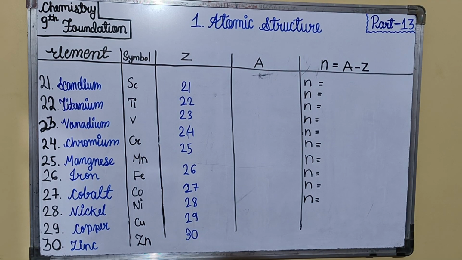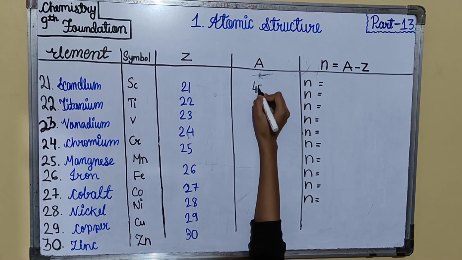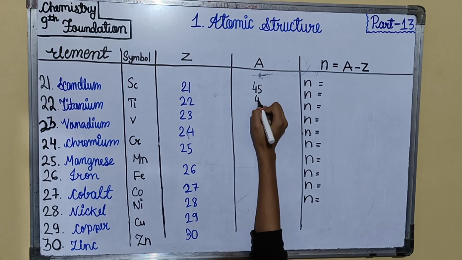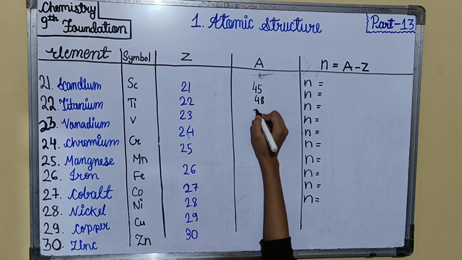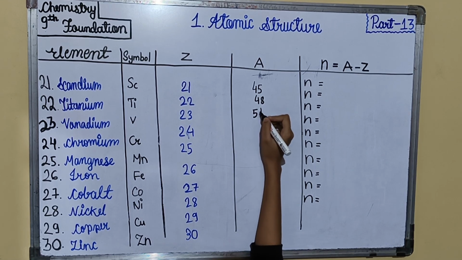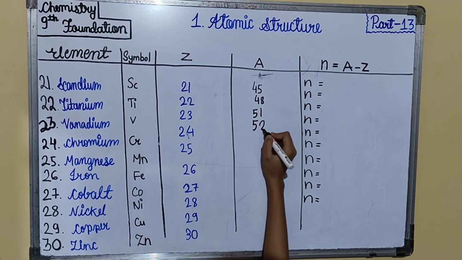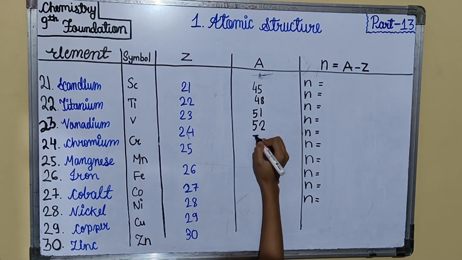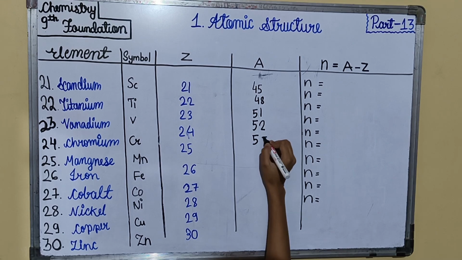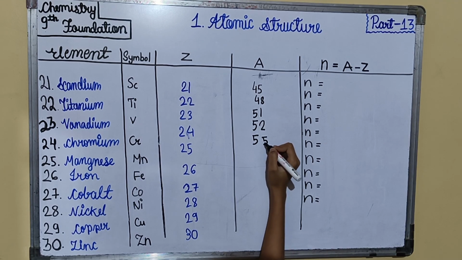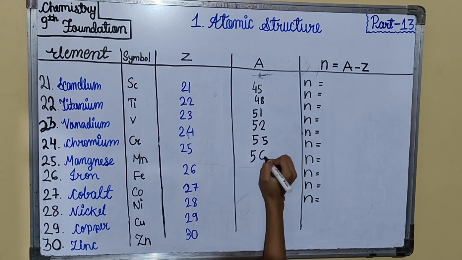Mass number of scandium is 45. Mass number of titanium is 48. Mass number of vanadium is 51. Mass number of chromium is 52. Mass number of manganese is 55. Mass number of iron is 56.